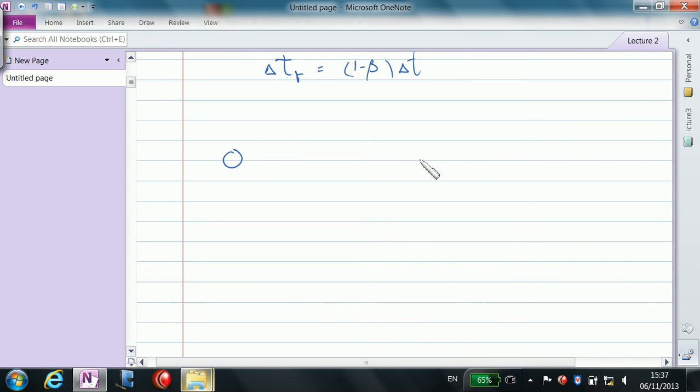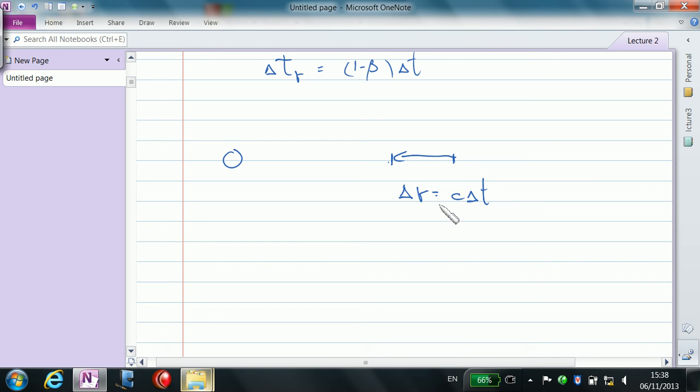The observer's here, and you're moving towards the observer. You emit a pulse here, and you emit a pulse here at a later time. This difference, delta r, is equal to c times delta t. In other words, the amount of time that the observer was in the beam.